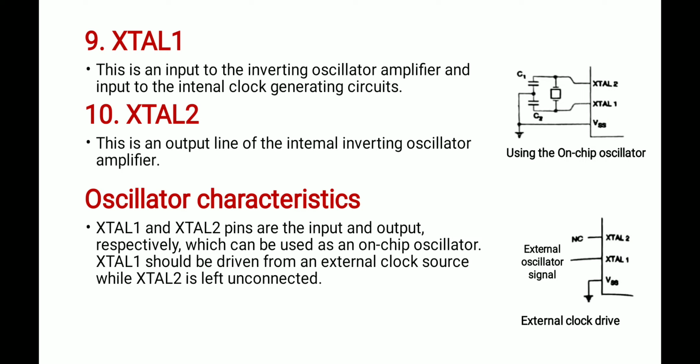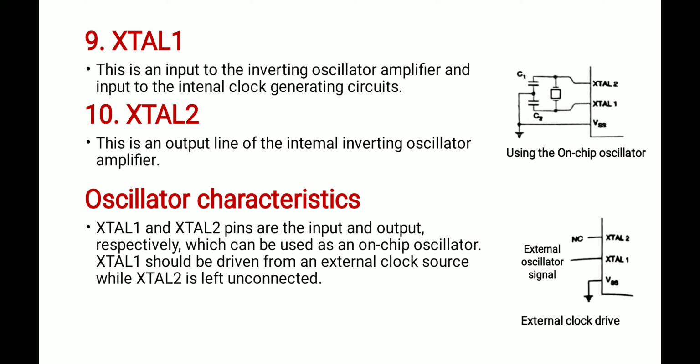Then XTAL1 and XTAL2. These are two pins. XTAL1 is an input to the inverting oscillator amplifier and input to the internal clock generating circuits. If we see the diagram, using the on-chip oscillator, there are two capacitors, C1 and C2, and in between them one box is present, which is called the crystal oscillator.